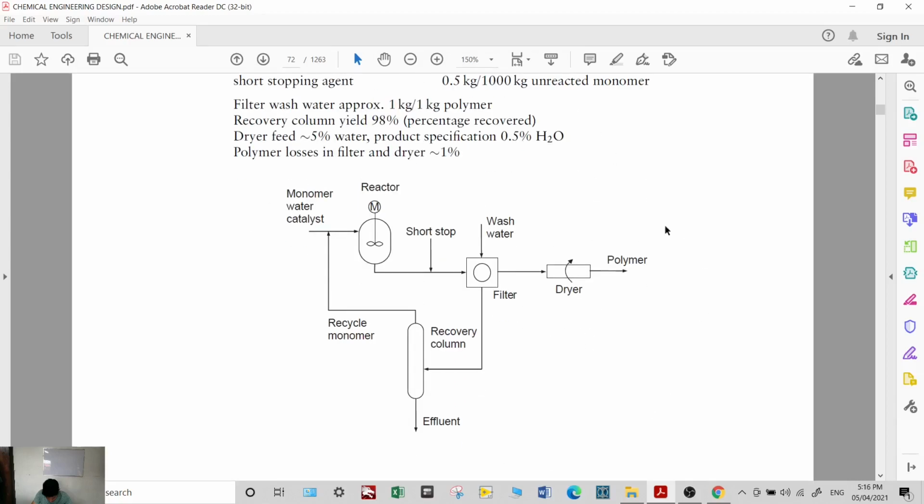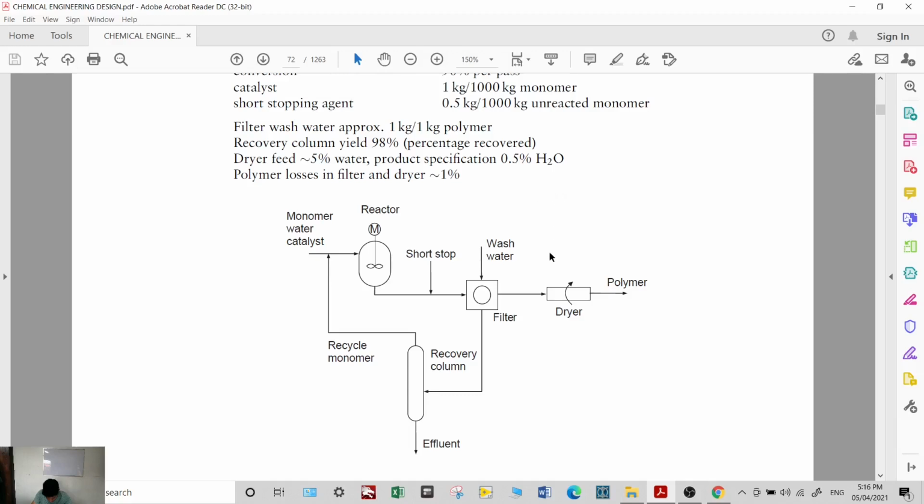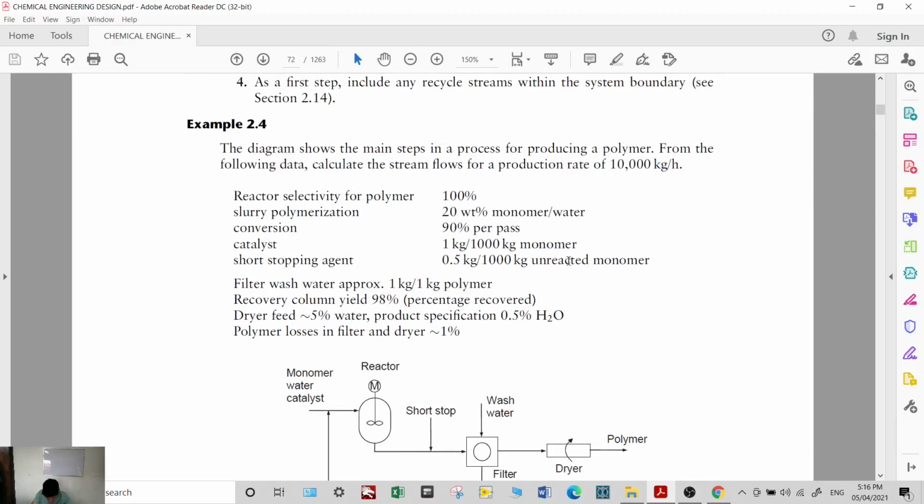So naay mga lahi pod na types of plant, lahi pod ang way of pag-solve, but basically ani ra gyapon, no?